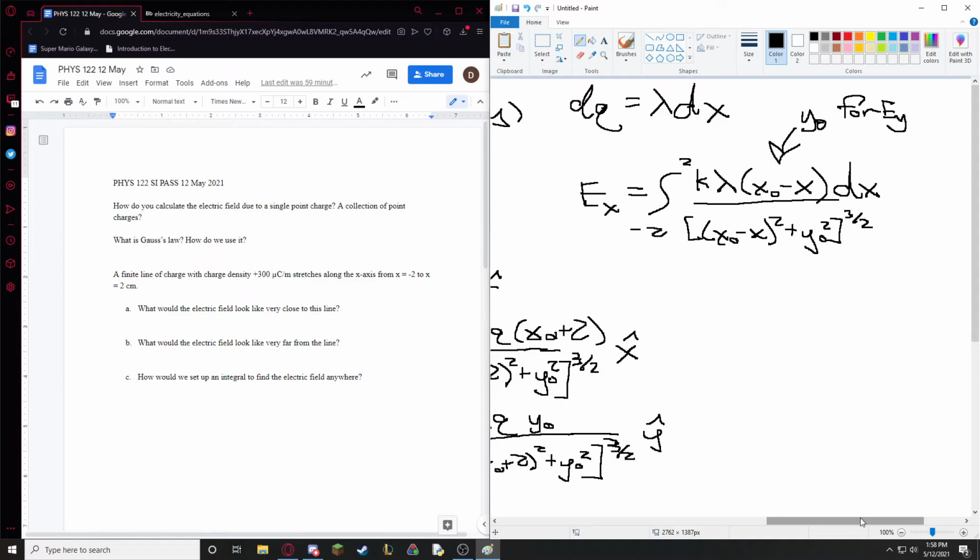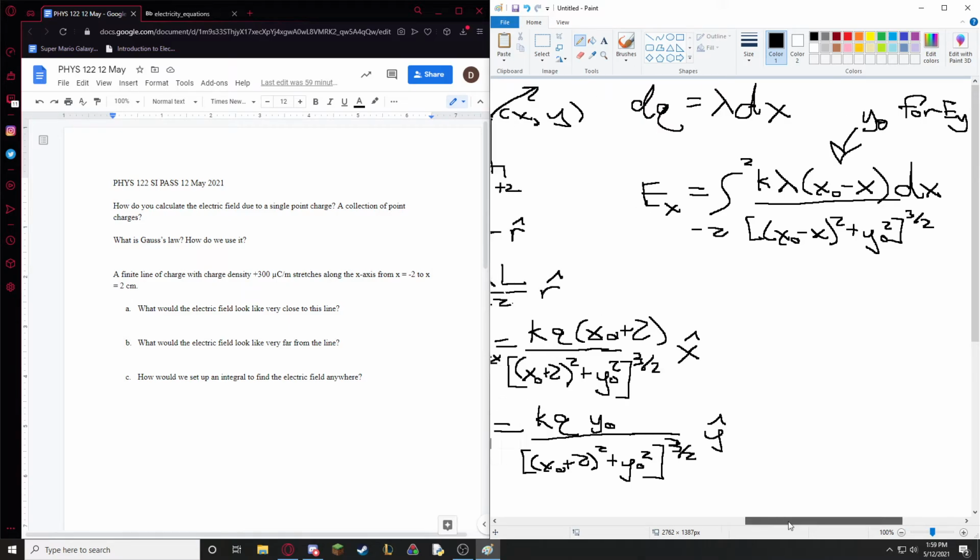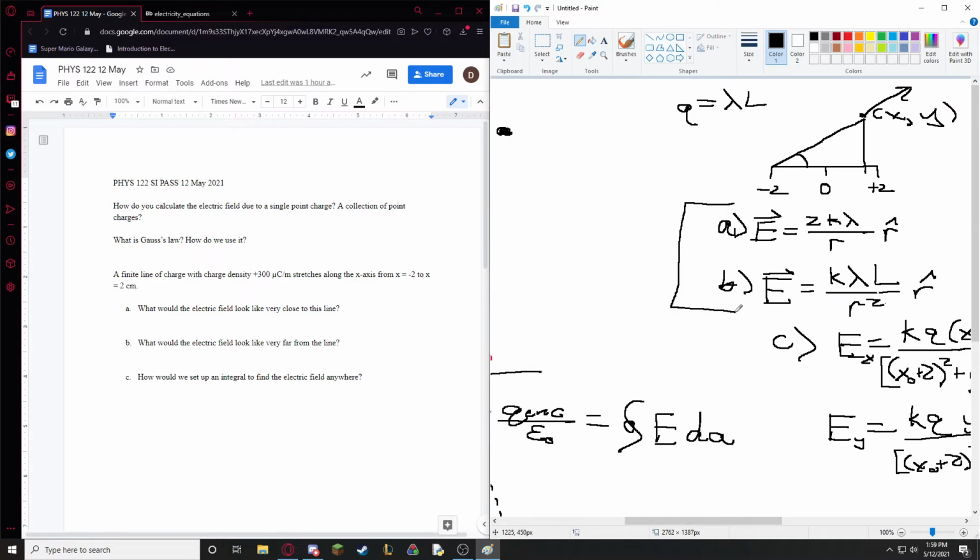And then when we're very close, we know that y naught would effectively be 0, and when we're very far away, our y naught and x naught are basically going to be negligible, and it's going to end up canceling out into what we found in A and B.